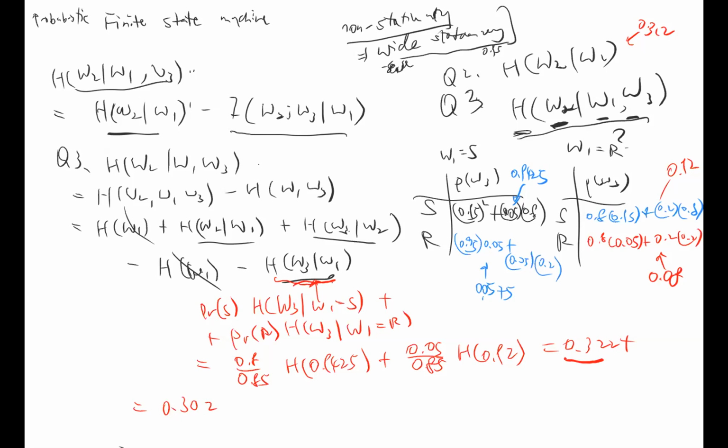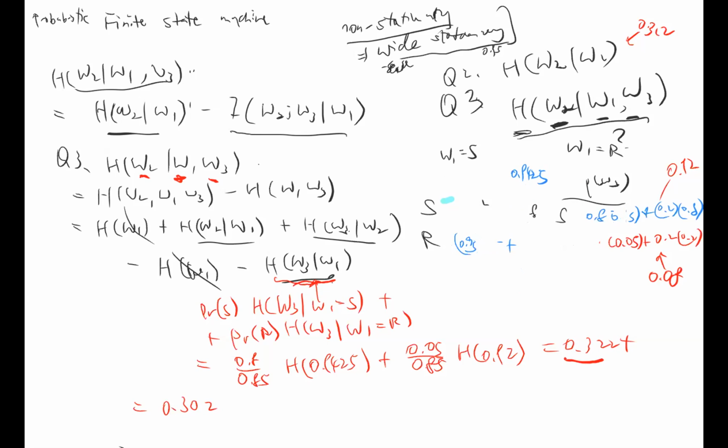So knowing both yesterday's and tomorrow's weather will help me know what's going on with today's weather, even though I already know what's going on yesterday. And some of you, I guess in the discussion I mentioned H of W1 given W2 or H of W2 given W3.